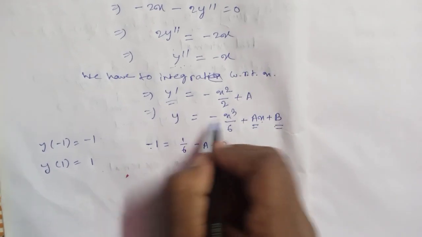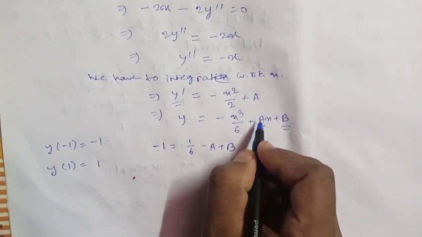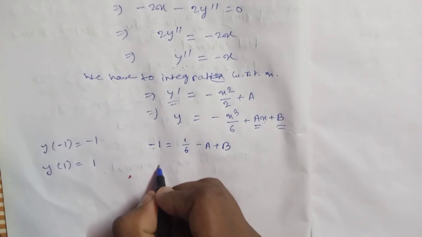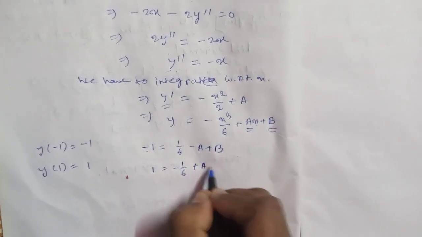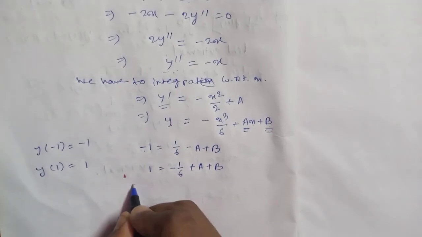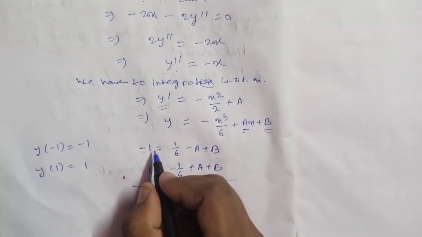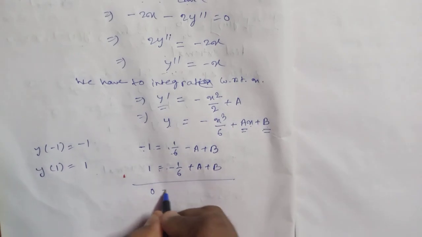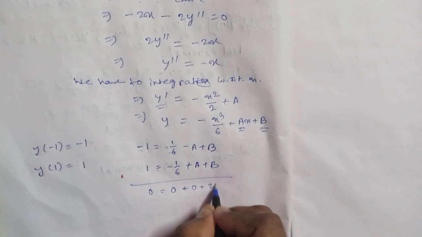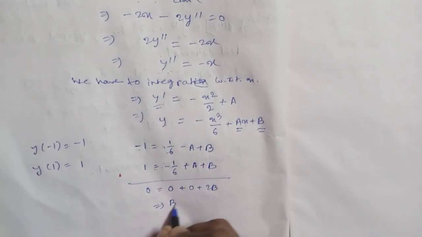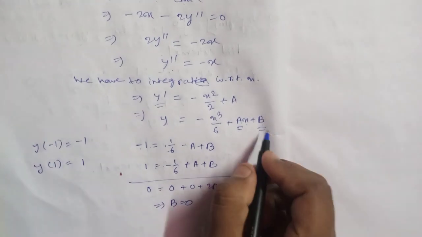So if we put x equal to 1 here, we will get y equal to 1. So 1 equal to minus 1 by 6 plus a plus b. Simply if we add these two, we will get 0 equal to 0 plus 0 plus 2b. So b equal to 0, right?